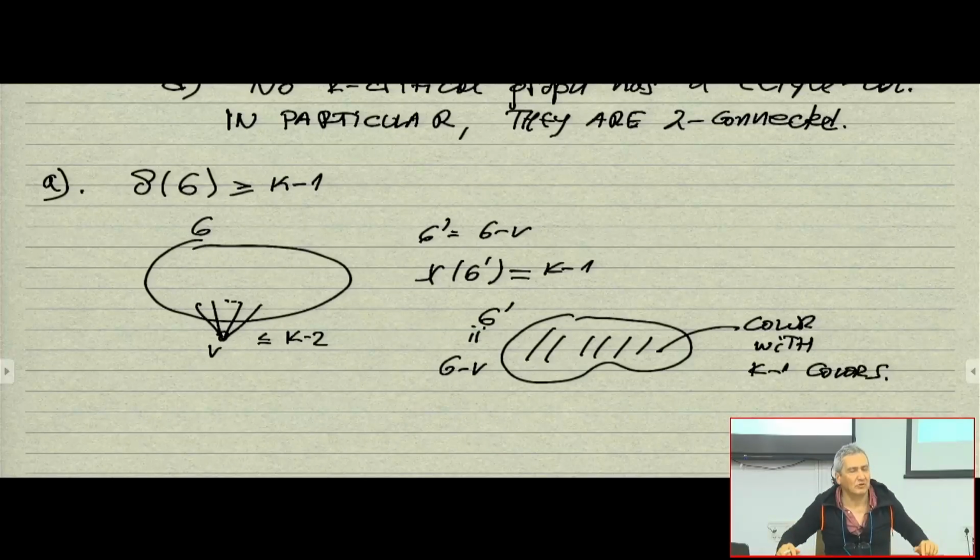Can you guess what I'm going to do now? I take vertex V and put it back. Here is some color, which will be forbidden for me. Let's say color 1. Here is some other color, maybe the same one, maybe a different one, maybe another forbidden color.